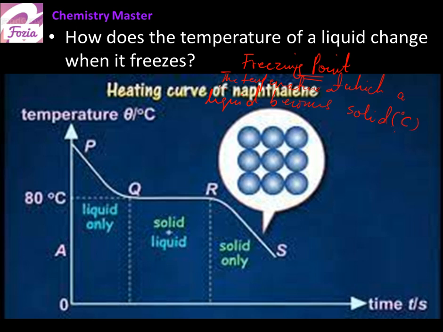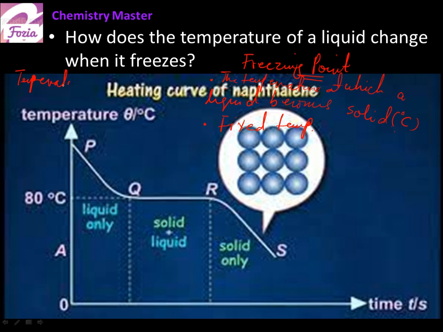The very important thing is that it is a fixed temperature, meaning every liquid freezes at a sharp, fixed, unique freezing point of its own. Now what happens normally when we cool a liquid? Today we will again repeat the temperature curve.